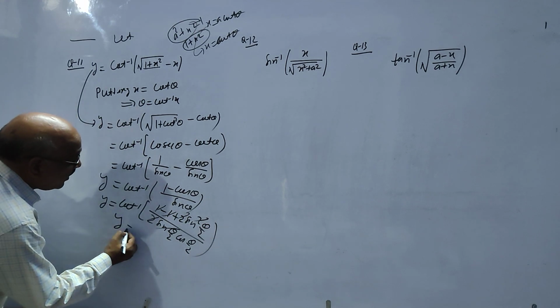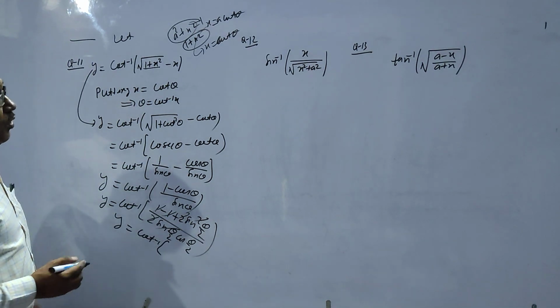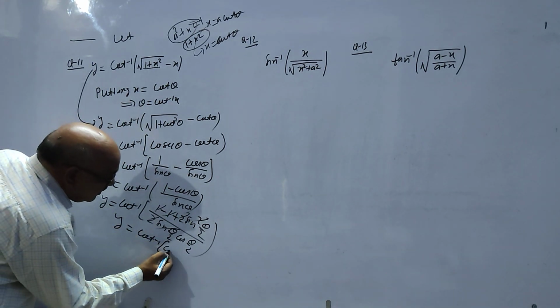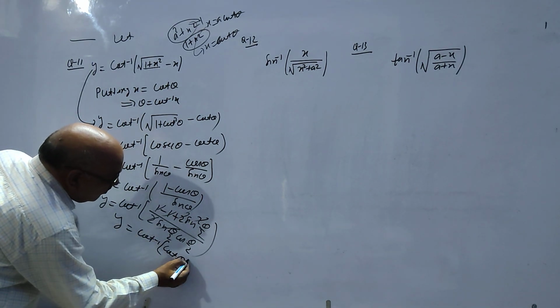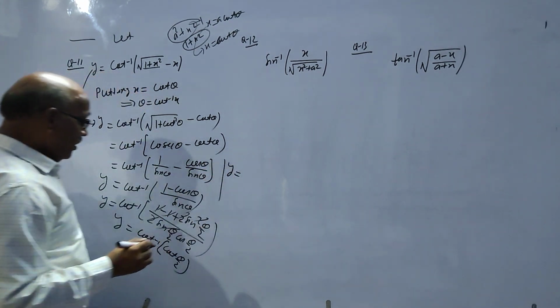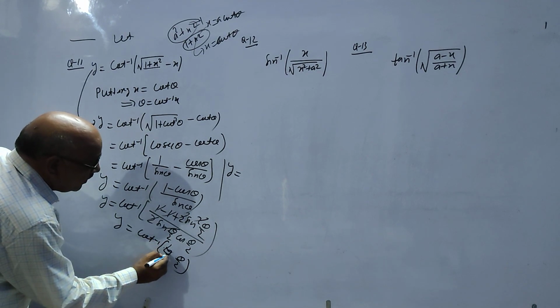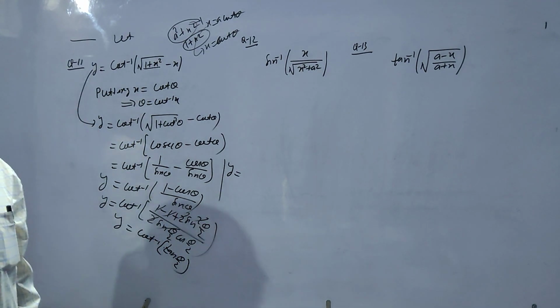So what you are getting is y is equal to cot inverse of sin theta by 2 upon cos theta by 2, that is equal to cot inverse of tan theta by 2. Sin upon cos is tan.